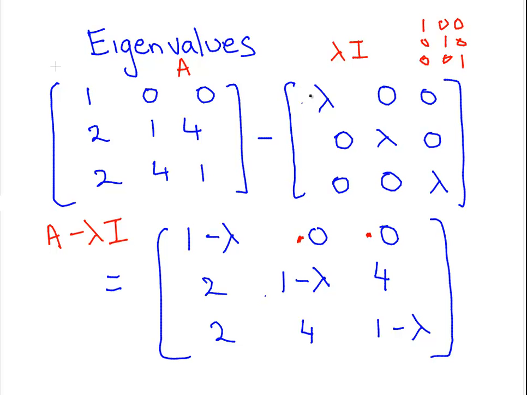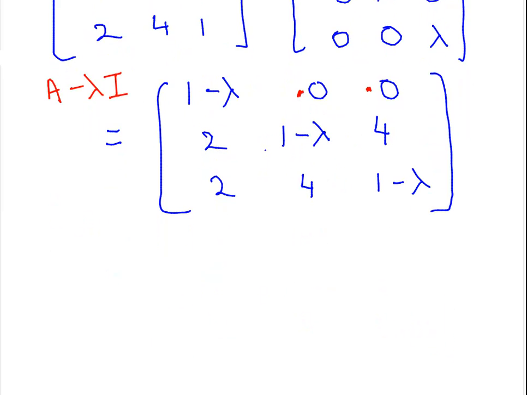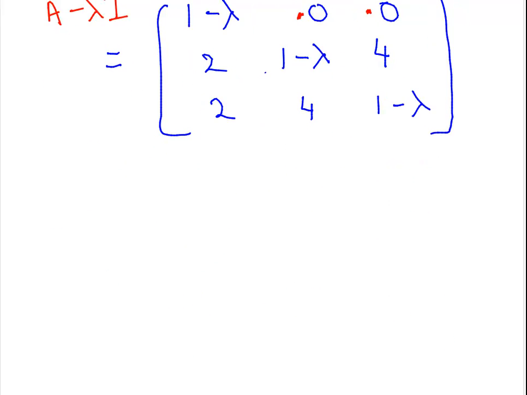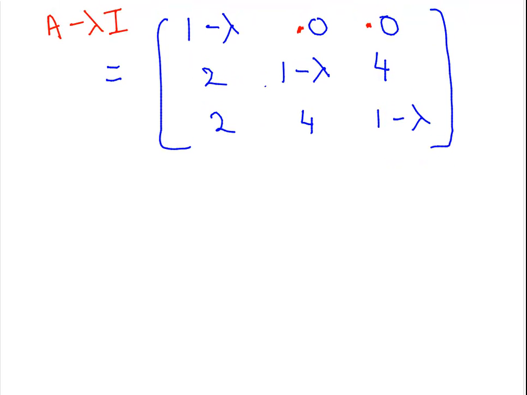We have the top row, and the first item in the top row is 1 minus lambda, and its minor matrix is this part here. I'm going to highlight it because it's the only minor matrix we're actually going to use.